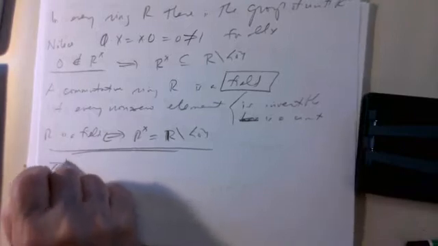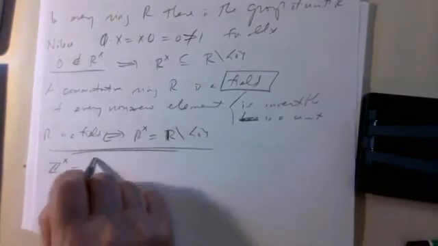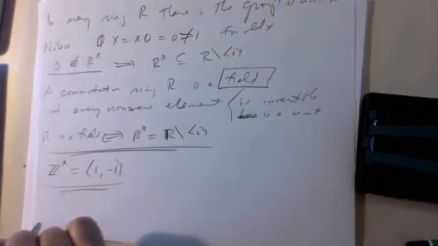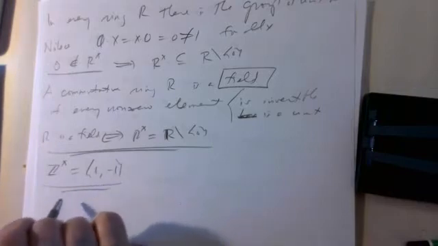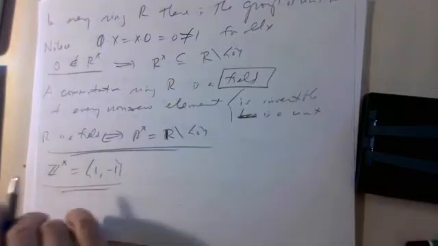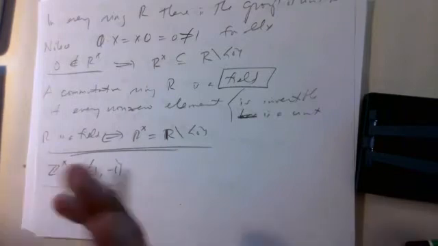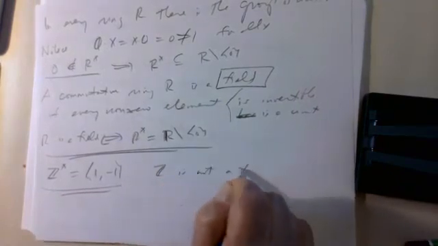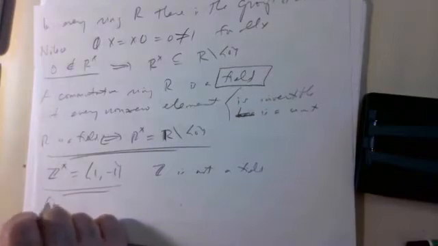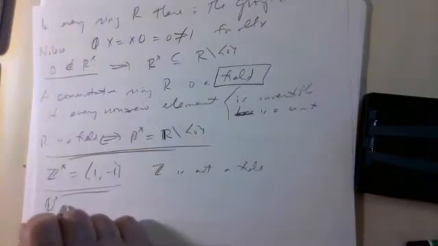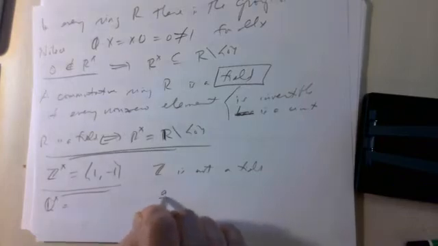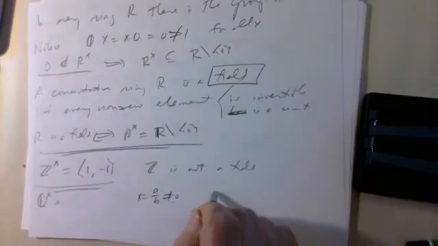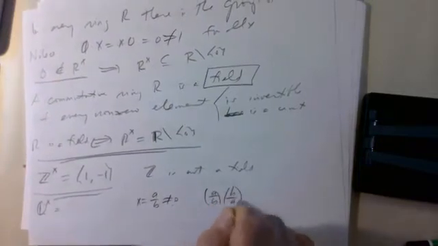If you take the integers, what is the group of units? Well, 1 is always a unit, and -1 is a unit, and these are the only ones. These are the only integers that are invertible, because if you take a number with absolute value bigger than 1, the inverse isn't an integer. So Z is certainly not a field. But if you take the rational numbers, if you take A over B different from 0, x equal to A over B, then A over B times B over A is 1.